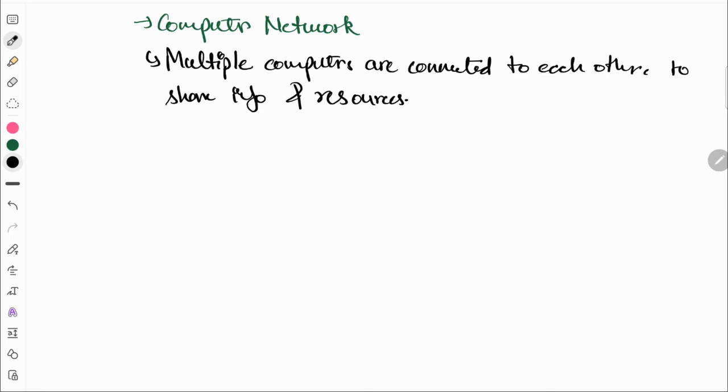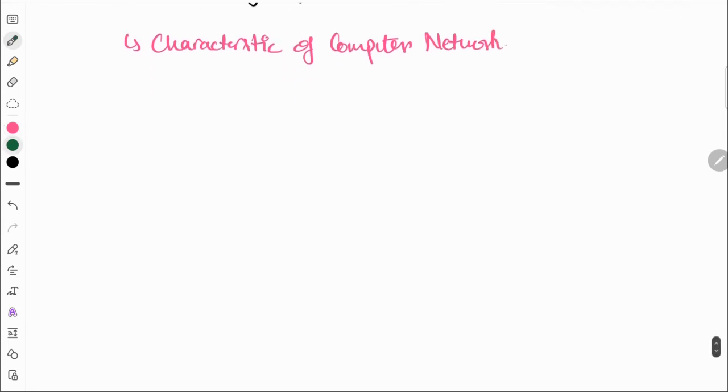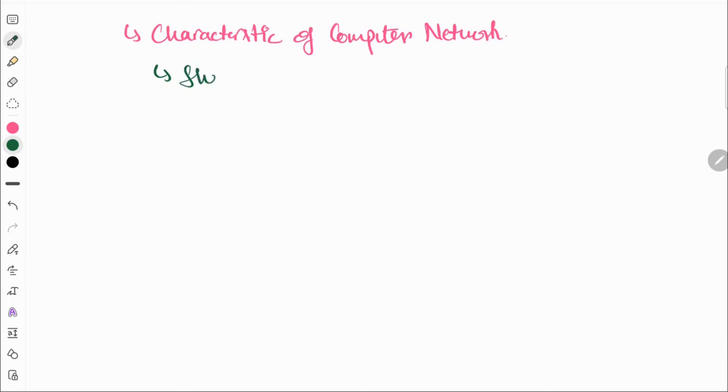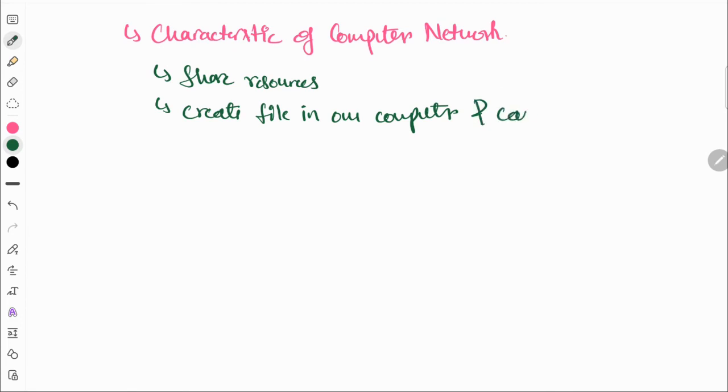Characteristics of a computer network. Share resources: create files and store them in one computer, and can access them through other computers.